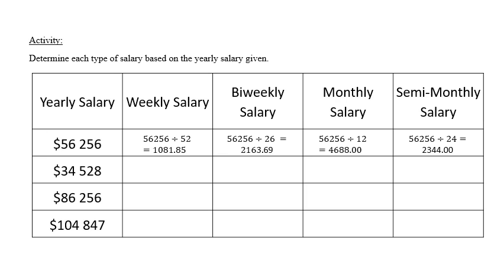So if you were paid semi-monthly, your paycheck would be $2,344 twice a month. So what I'd like you to do is pause the video and see if you can finish this table and determine the weekly, bi-weekly, monthly, or semi-monthly salary for each yearly salary.